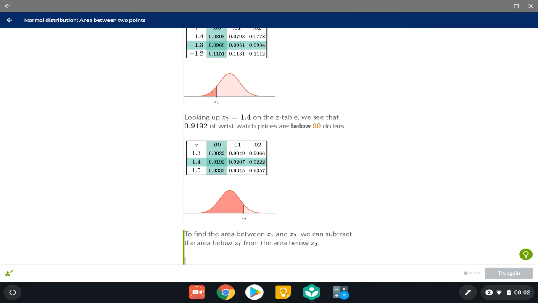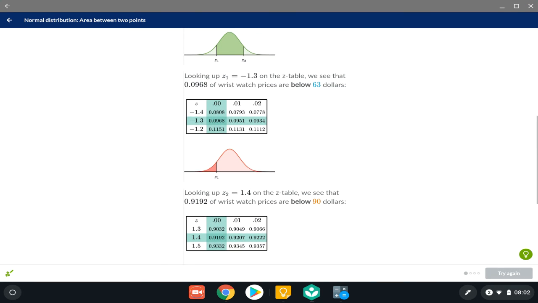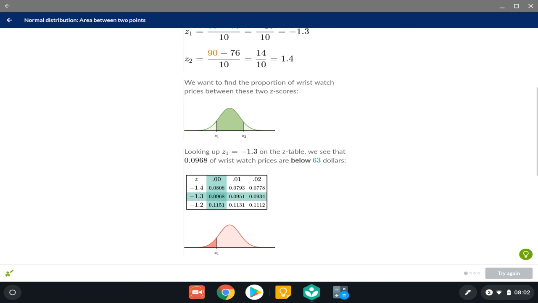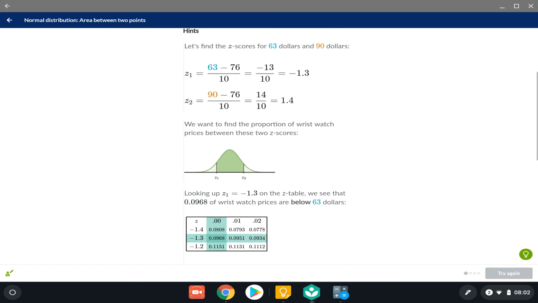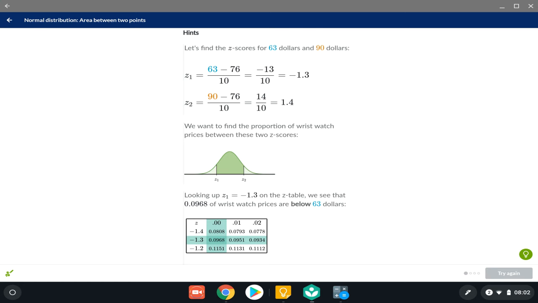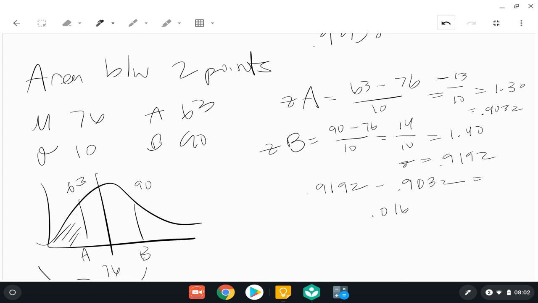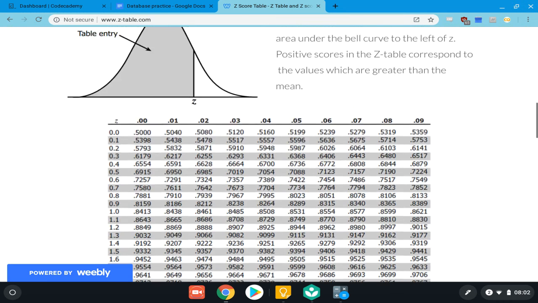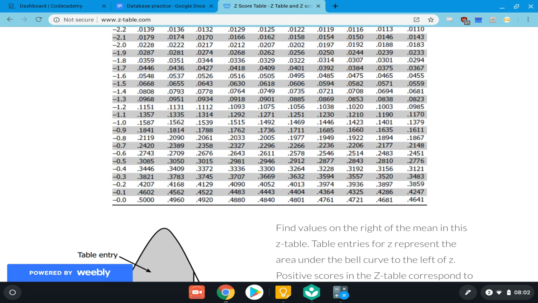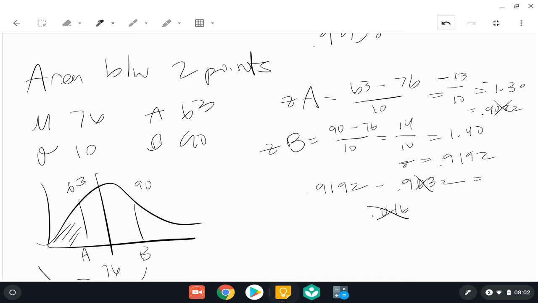What is going on here? Negative 1.3? That's right. Silly mistake. Negative. Man. To the left of the mean, I need to remember this: 0.0968.